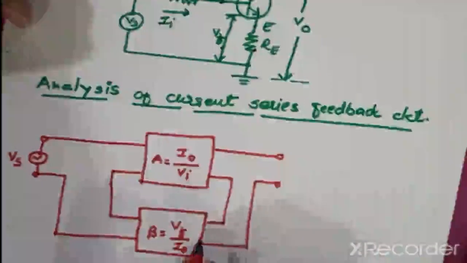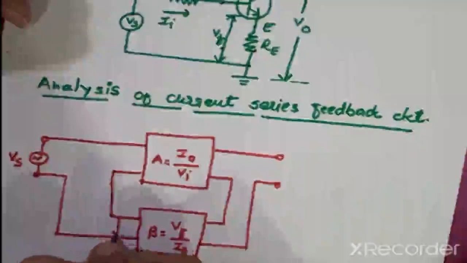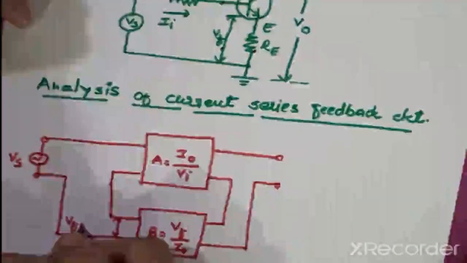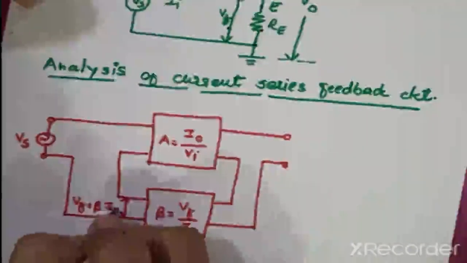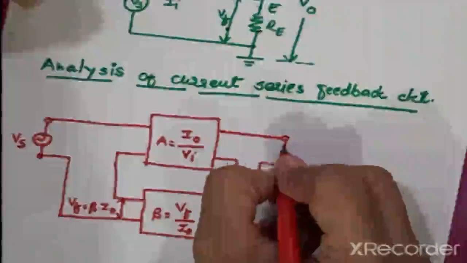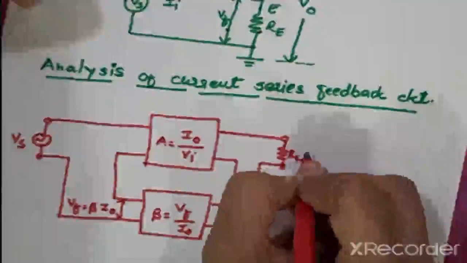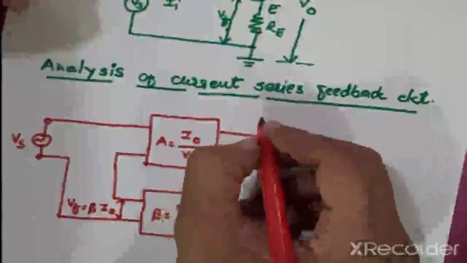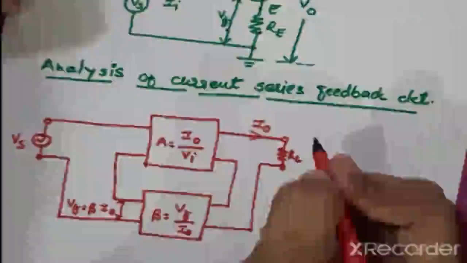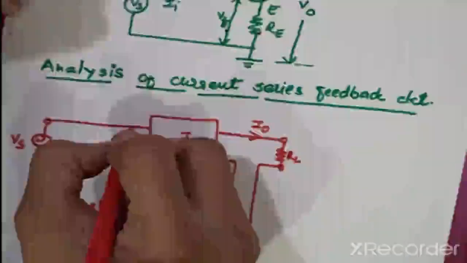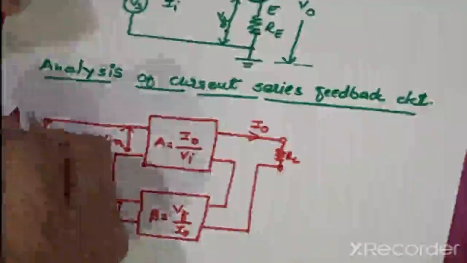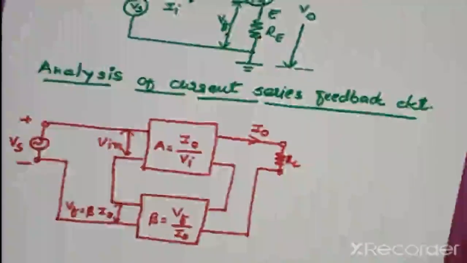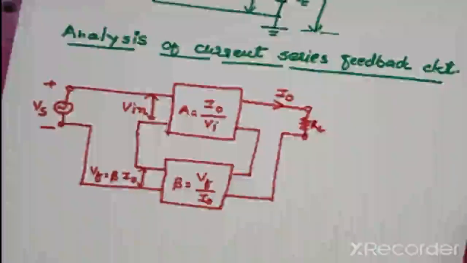Here is the output. This is the feedback voltage Vf equal to beta Io. This is our output, and this is our input. So this is the block diagram of the current series feedback circuit.